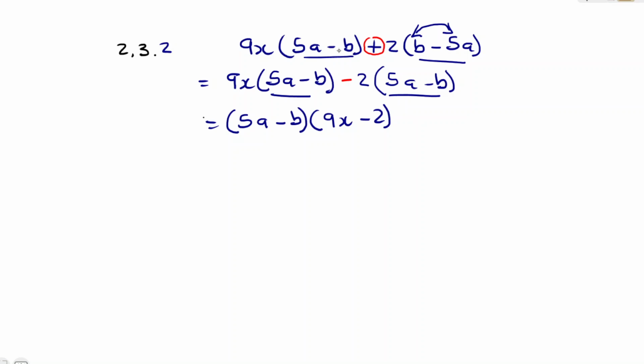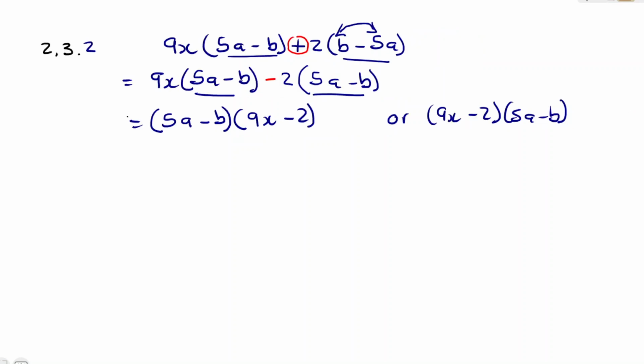So we have the final answer, which is 5a minus b times 9x minus 2. So that's the final answer. Or even if you started by saying 9x minus 2 multiplied by 5a minus b, your answer will still be correct. Yeah, you can mark yourself now, check if you got the same answer as mine.